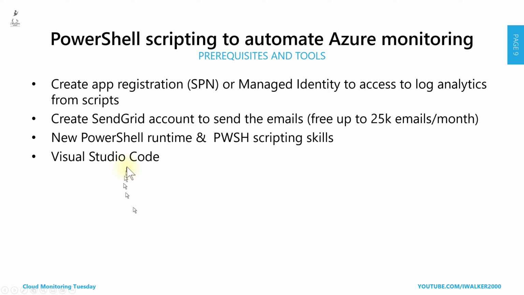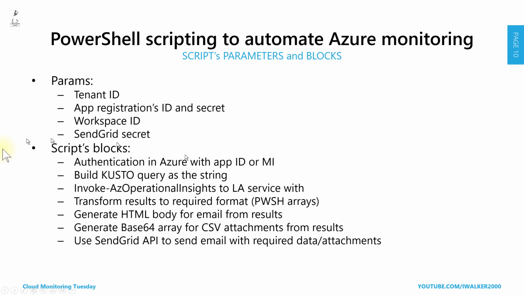Plus, we need to understand how we will send the data after that, for example by SendGrid or Office 365. We need to have this experience, and of course we have to know these PowerShell scripts.